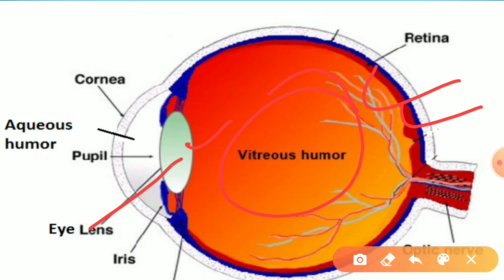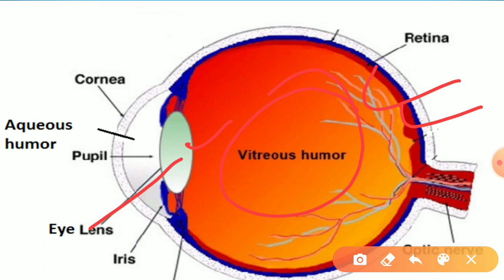When the image of the object is formed on the retina, then only we are able to see the object. A real inverted image is formed by our eye lens on the retina.